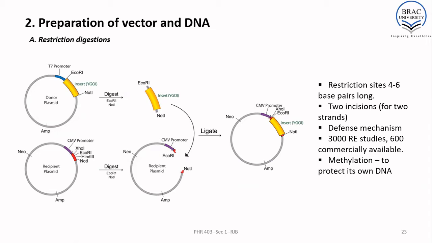The methylases transfer a methyl group to the cytosine and protect the DNA from degradation, which we will discuss a bit later. Generally, a restriction enzyme recognizes a specific sequence of 4 to 6 base pairs and cuts both strands, making either sticky ends or blunt ends.